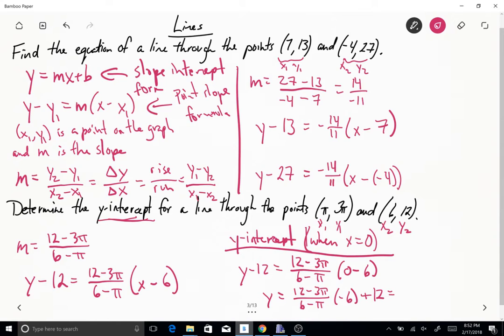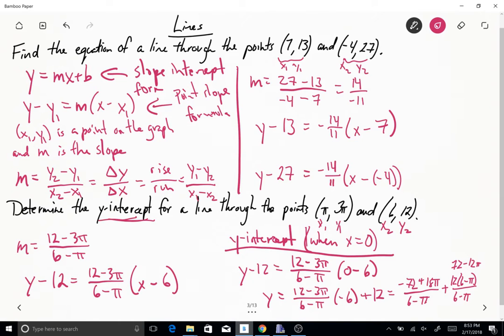So what does that become? Well, if we simplify this on out, we get the negative 6 on in there, so we get negative 72. Negative 6 times negative 3 pi is plus 18 pi, all over 6 minus pi. And the second part, we need to make it 6 minus pi over that, so plus, if you put 6 minus pi on the bottom, you have to do 12 times 6 minus pi, which is 72 minus 12 pi.